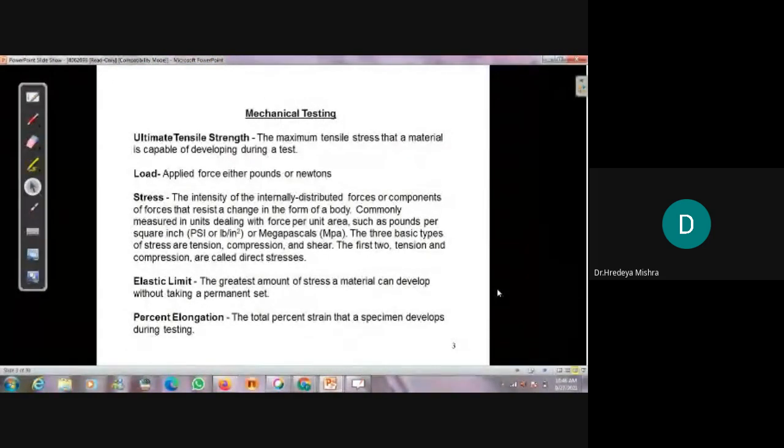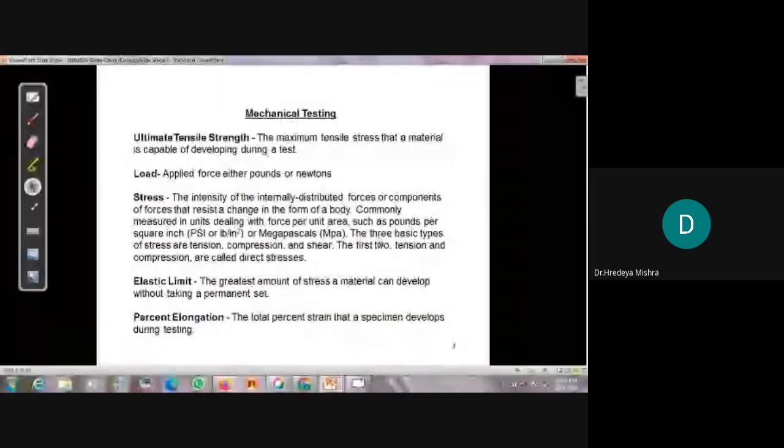When any external force is applied on the material, only then will stress be produced. The external thing is the load. Only when load is applied will stress be produced. It is commonly measured in units of force per unit area, such as pounds per square inch or megapascal, MPa.